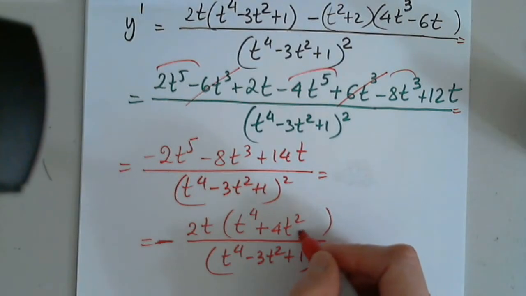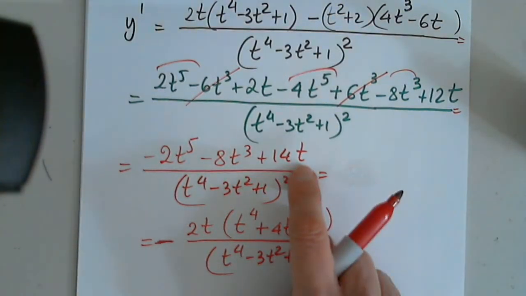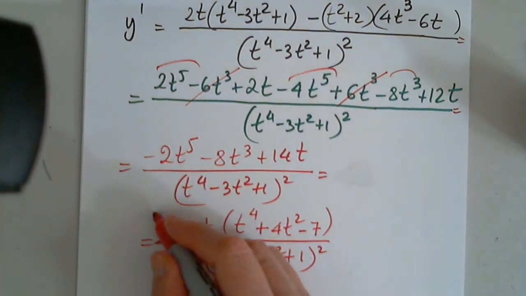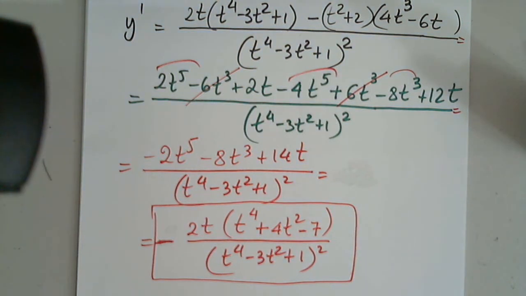And then we have a minus 7. Why? Because negative 2t times negative 7 will be positive 14t. And this is fully simplified. Any questions? Be careful with the quotient rule because it requires a lot of work.